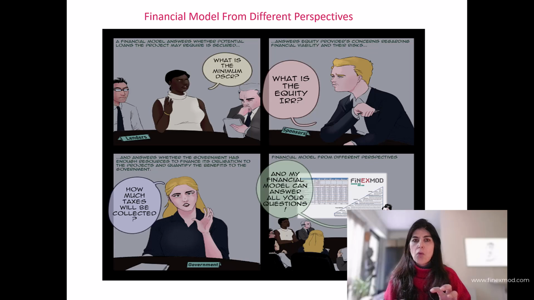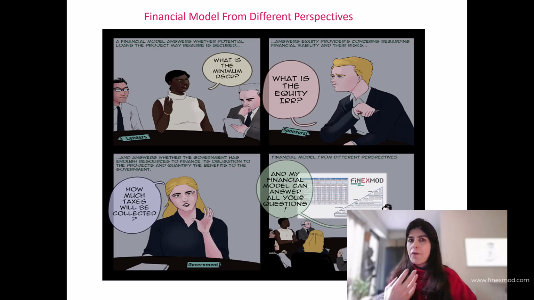And apart from the cost side of it, the danger is that you will have two models, one lender's version, one sponsor version, totally different structures running at the same time throughout the project life cycle. So you need to maintain these two versions of the model at the same time. So this means more errors and more headache of having these two versions of the model.